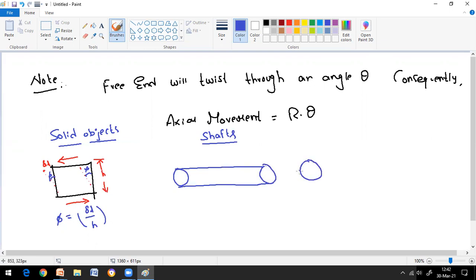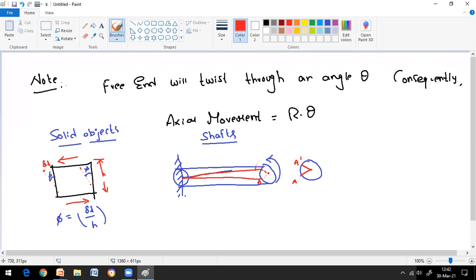When it is subjected to twist, the member will deform from one position to another position with respect to the center, from A to A dash.